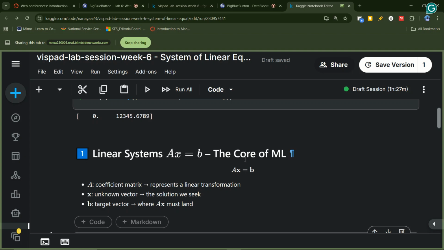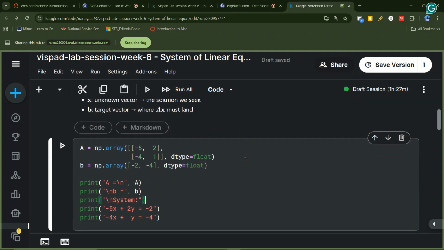So AX equal to B. Don't be confused about what it means. It means if you take your matrix A, it is [-5, 2], [-4, 1], and X over here is x and y. Or we can just use a different variable instead of X, so maybe let's say Ac equal to b, a capital A and small c equal to b, where c is your x and y, and b is that vector -2, -4.